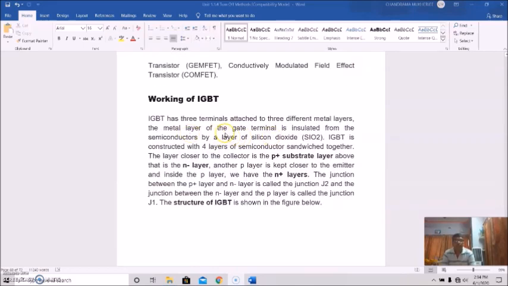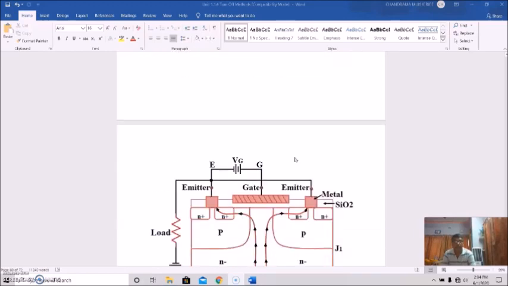The metal layer of the gate terminal is insulated from the semiconductor by a layer of silicon dioxide. That is shown here: this is silicon dioxide, which isolates the gate from the other layers.